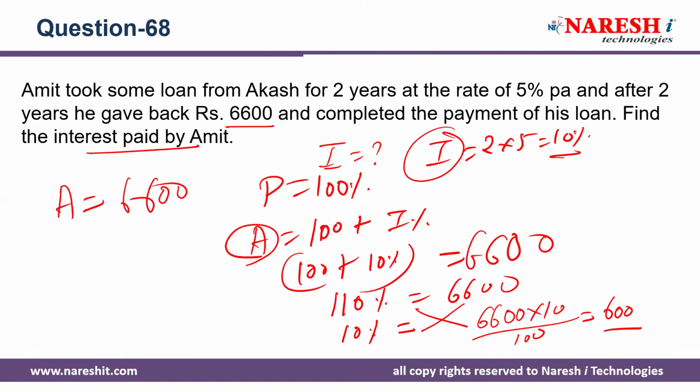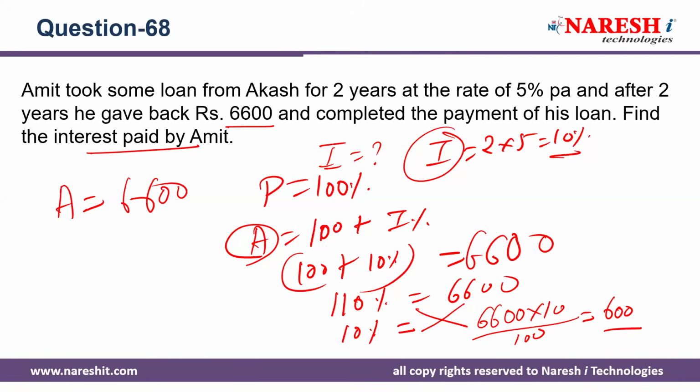I repeat, principal in simple interest is always considered as 100 percent. Amount is the principal deposited plus the extra interest you get, and that extra interest percentage is calculated by multiplying the rate of interest and time. In this question, 6,600 is being returned, which means 6,600 is the amount value, so 100 plus 10, 110 percent, is equivalent to 6,600.